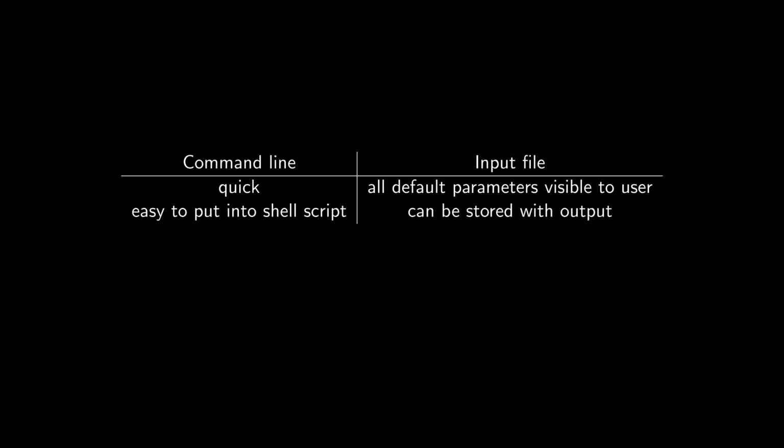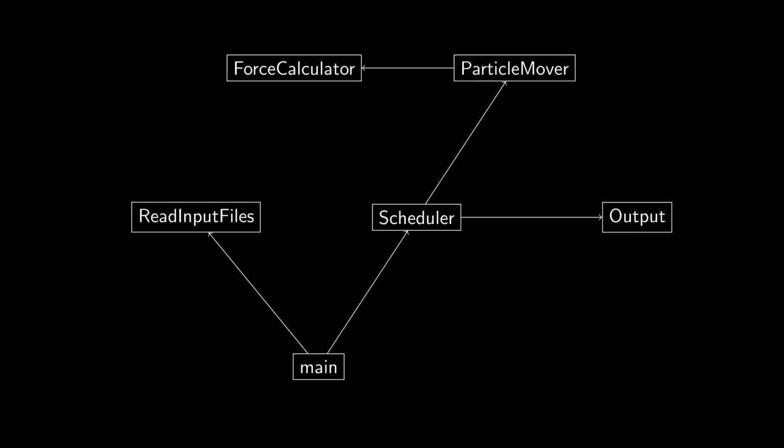Now, if we put our input parameters into our program, we do, of course, want to store our parameters somewhere. So where would you store those parameters in the program? Well, the old way of doing it is to make a global struct for it, which would either be defined directly in front of the main function or in a separate file. However, as programs grew, that became more and more impractical.